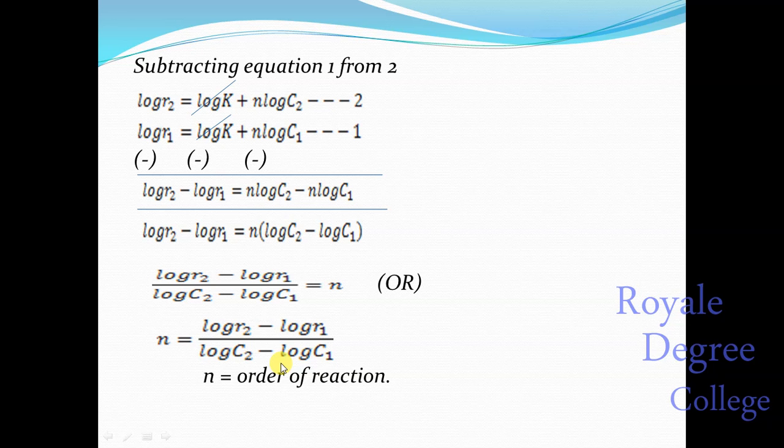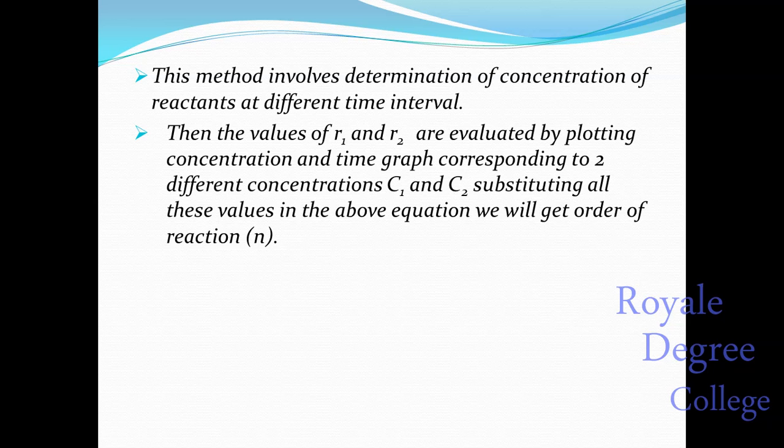Then (log R2 - log R1) divided by (log C2 - log C1) is equal to n. Or we can write it this way also: n equals (log R2 - log R1) divided by (log C2 - log C1). N is nothing but the order of reaction.